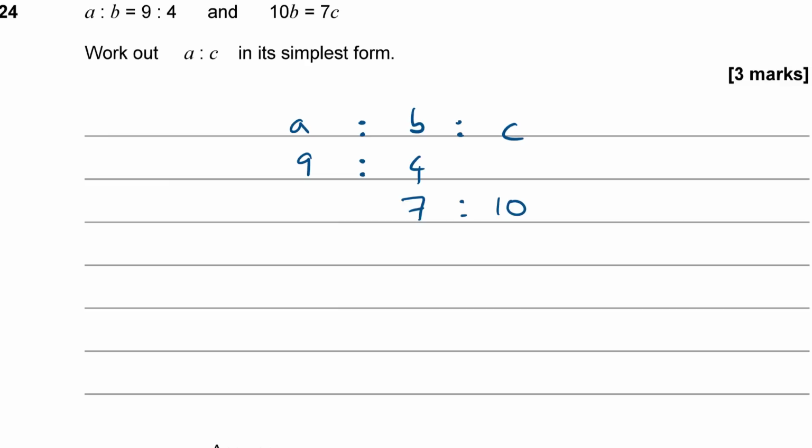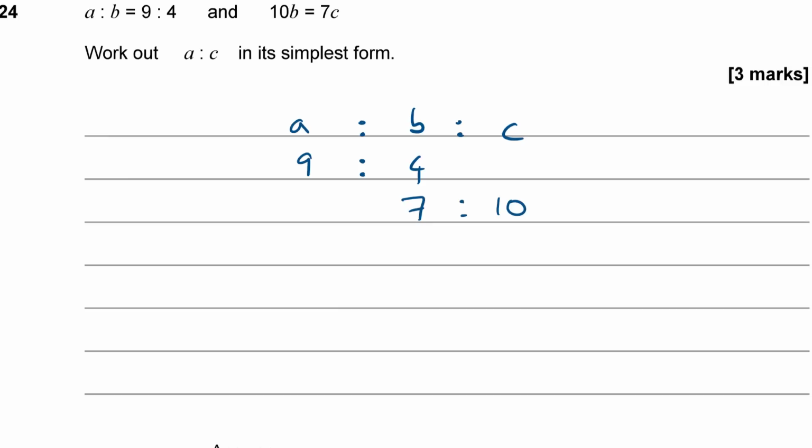Okay, so I know that A to B is 9 to 4 and B to C is 7 to 10. So what I want to try and do here is come up with a number that's a multiple of 4 and 7, so I can express all this as one ratio, and then I can compare my A with my C. So 4 times 7 is 28.